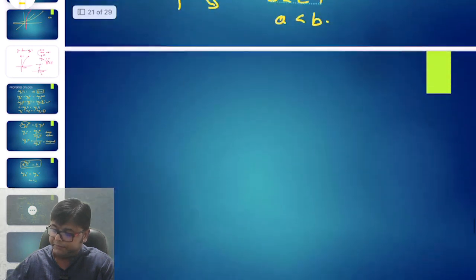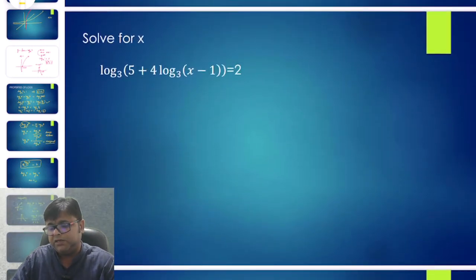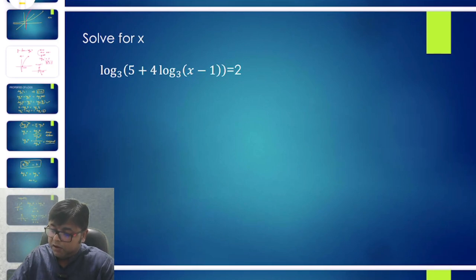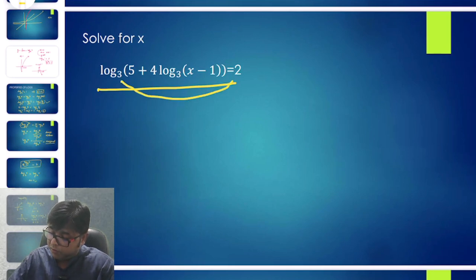Okay. Now let's do a few problems of logs which are similar to what we can expect in TMUA. Now there are many logs, right? So the outermost log. When we have such logarithmic equations, it's better that we change it to exponential form. So 3 will go here and 2 will go in the power.